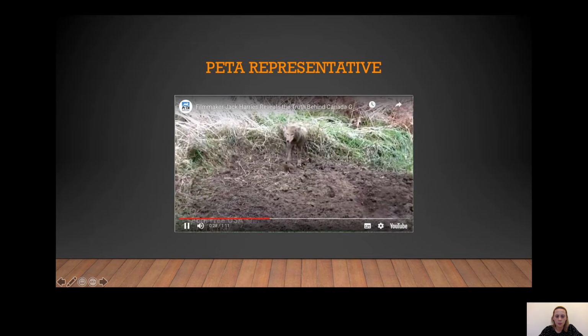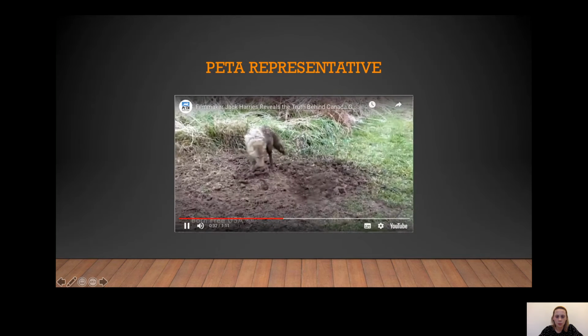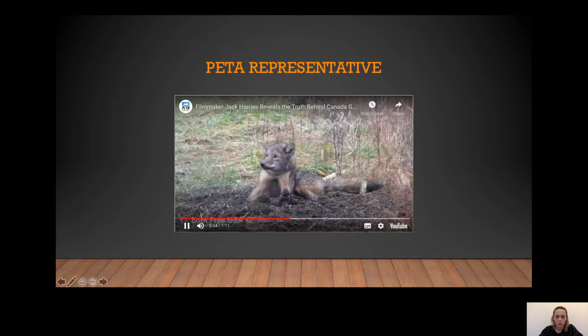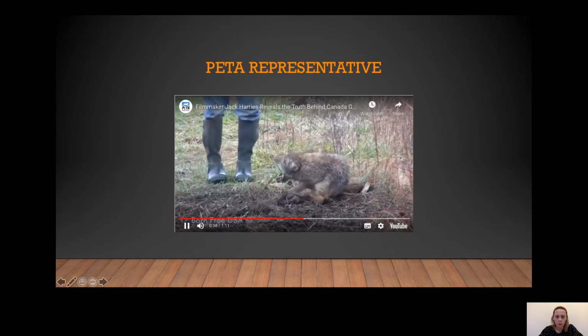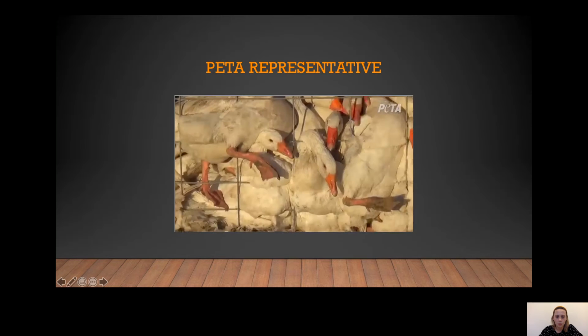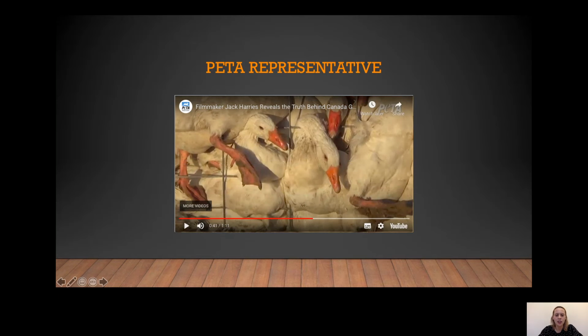Mother coyotes who are desperate to return to their starving pups have been known to chew through their own limbs in an attempt to escape. Animals who manage to survive until the trappers return are often strangled, stamped on, or bludgeoned to death before being skinned. Birds suffer too.